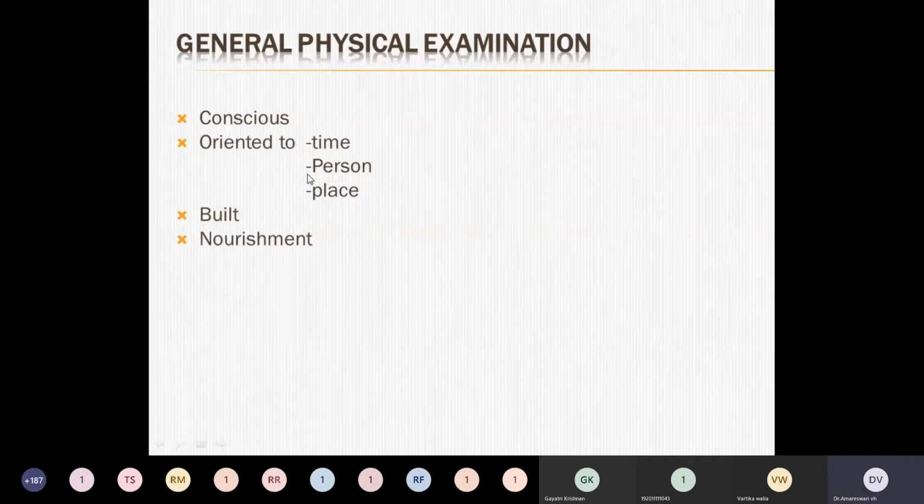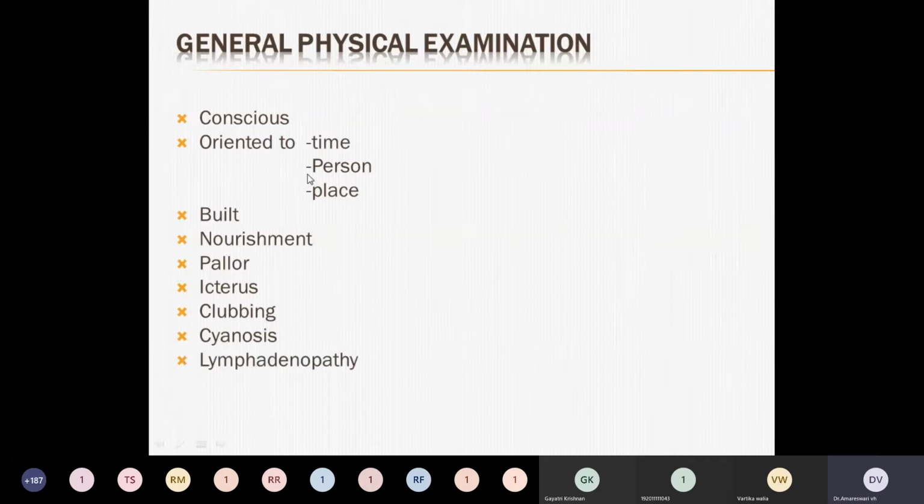Look at nourishment, moderately, ill, or well nourished. And you will know already: pallor, icterus, clubbing, cyanosis, lymphadenopathy, and peripheral edema. We have already dealt with the importance of this, so take a simple examination, but you should not miss this.